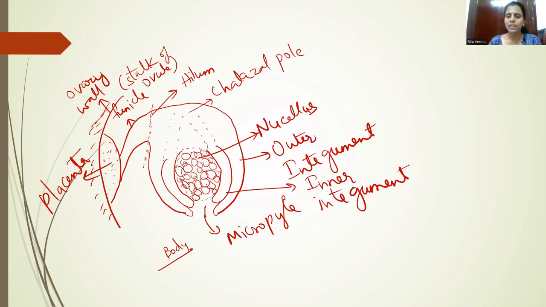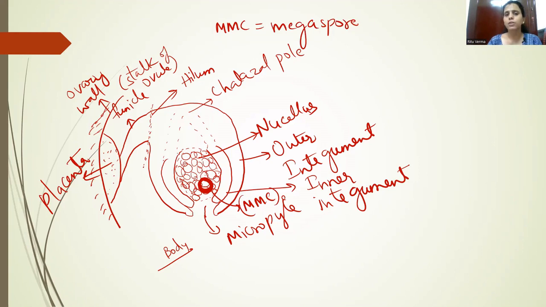Now slowly in later stages what happens is, one of the cells of the nucellus, remember this point, one of the cells of the nucellus enlarges and develops into the megaspore mother cell, MMC. So here the meaning of MMC is megaspore mother cell. Megaspore means ovum, the female gamete.